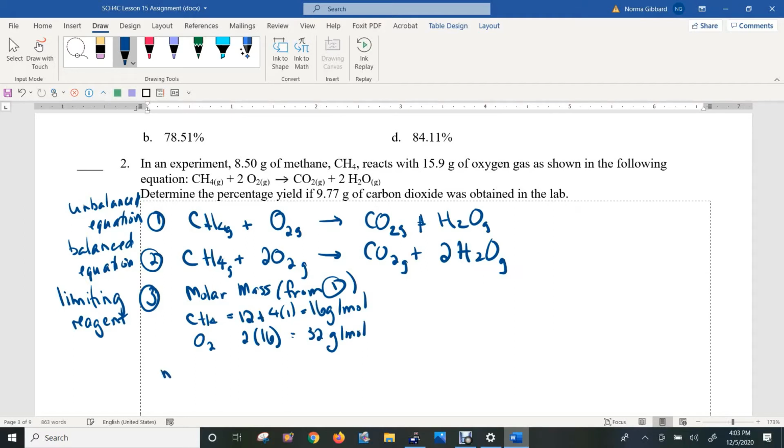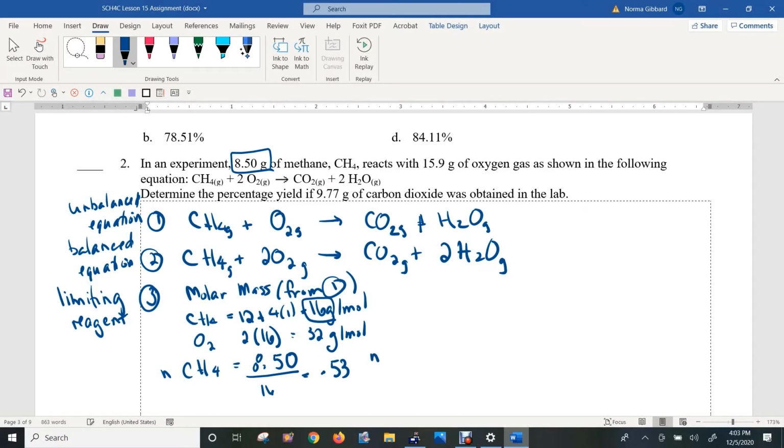So the number of moles of CH4 is equal to 8.50, which is given in the question, divided by 16 from here, and that's equal to 0.53.